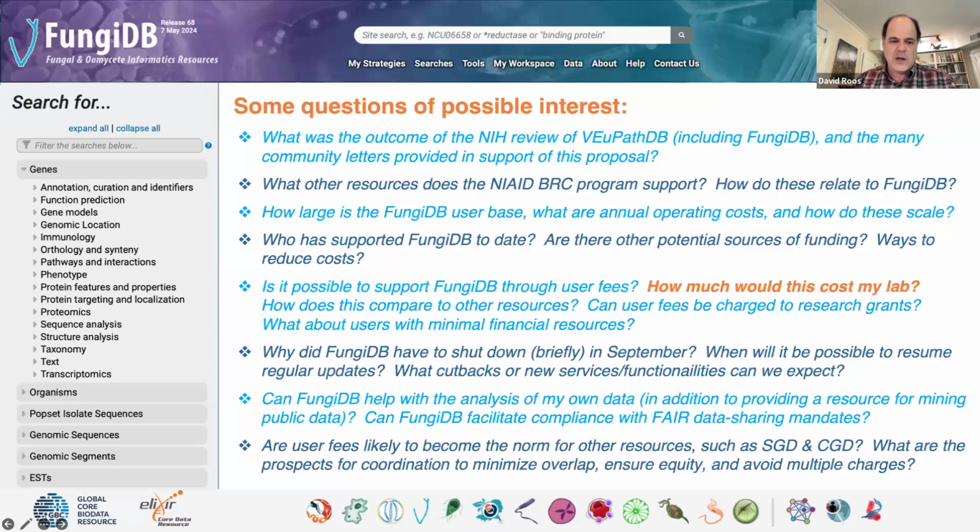So that raises the question of whether it is possible to support FungiDB through user fees. And we and others have done some value assessment to try to indicate what this would cost.